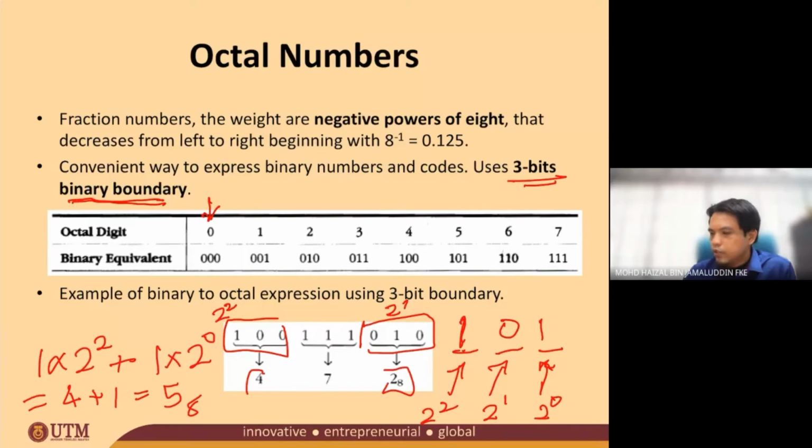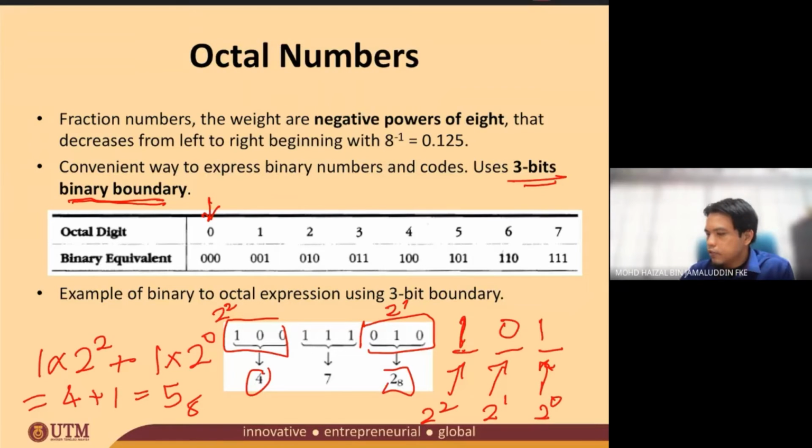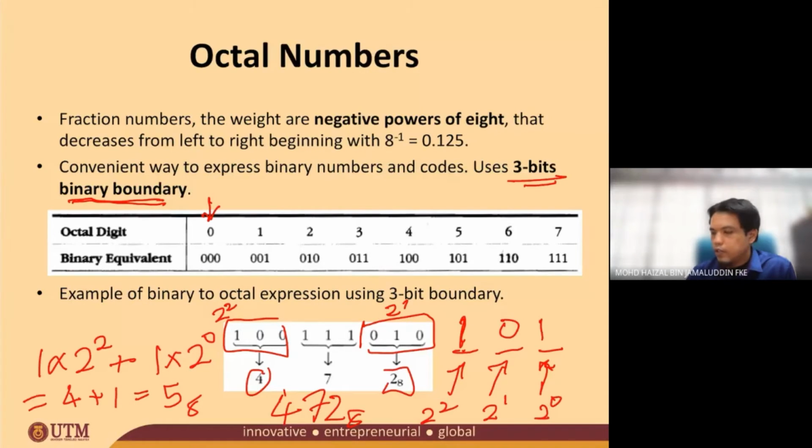If you have the total binary number 100111010, you need to truncate it into 3 bits and solve it 3 bits by 3 bits, and then you have the total. For example, here 402 in octal. So this is how to change from binary to octal.